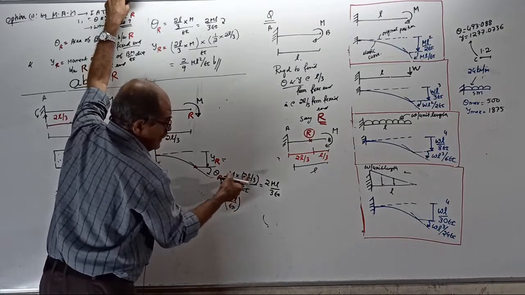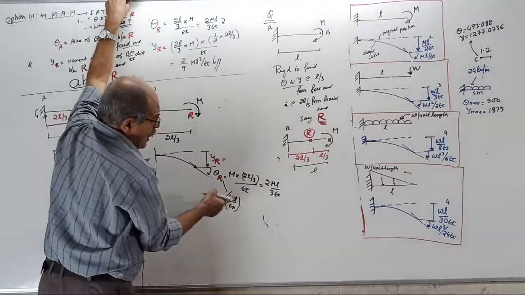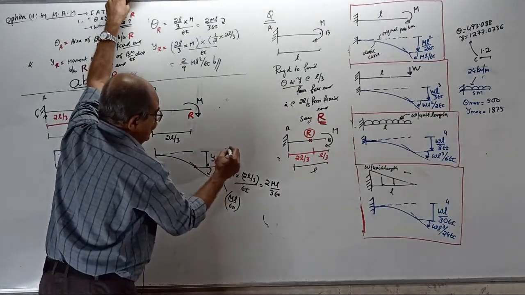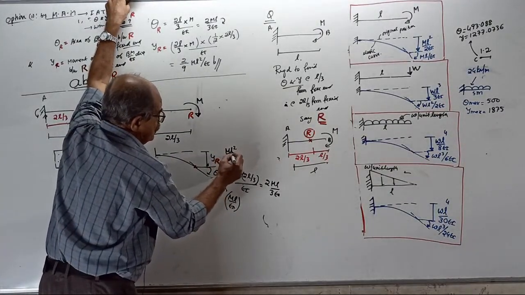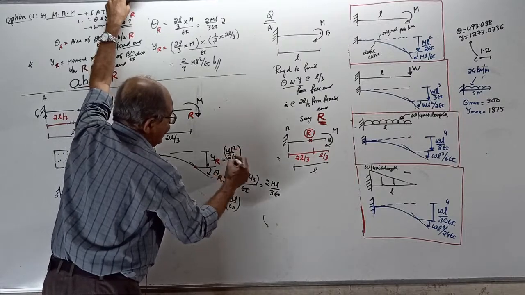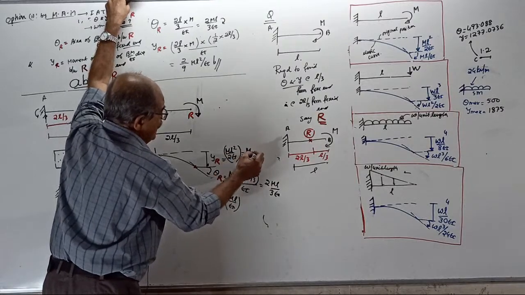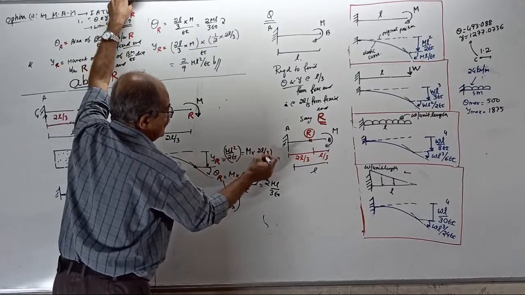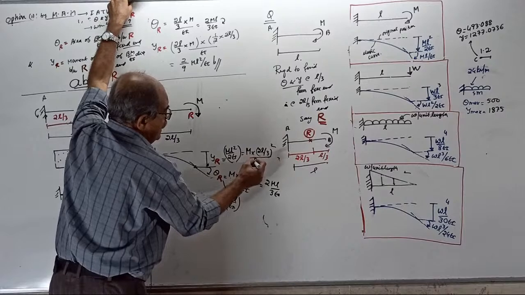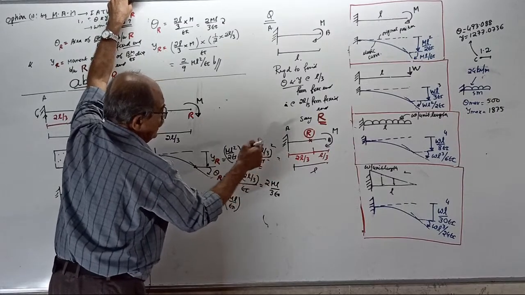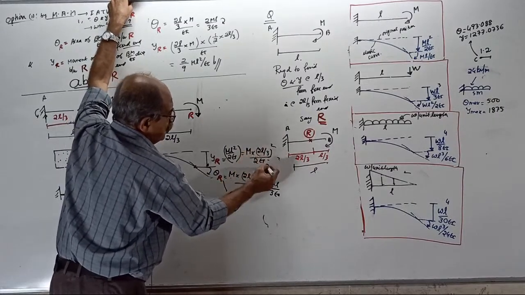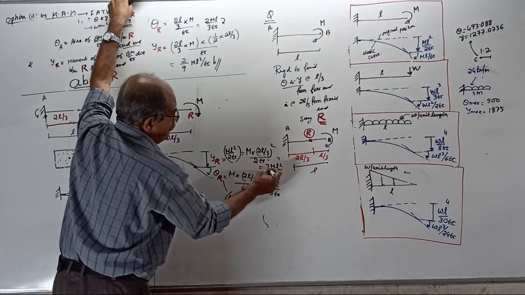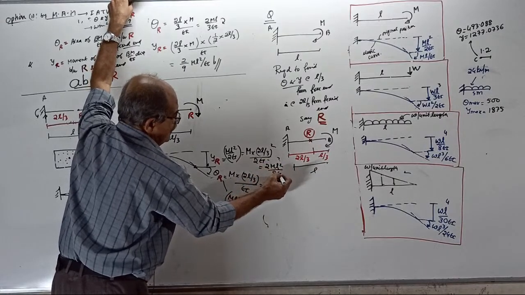This L is not that L. This is the general formula: deflection equals ML square by 2EI, so M into 2L by 3 whole square by 2EI. If you simplify, 2ML square by 9EI.